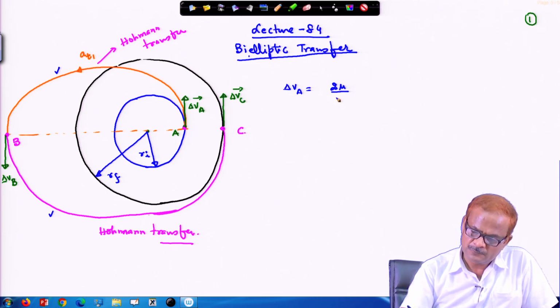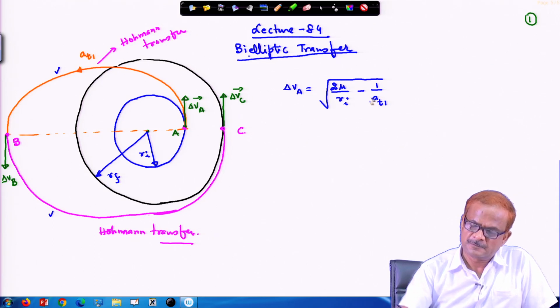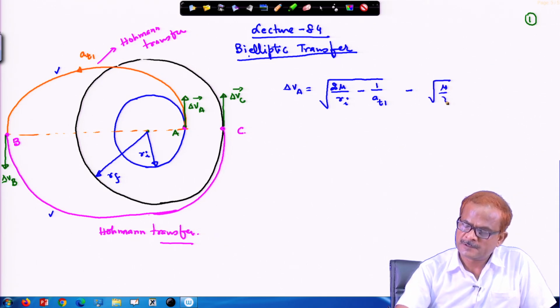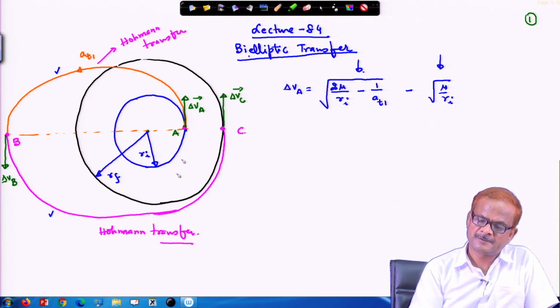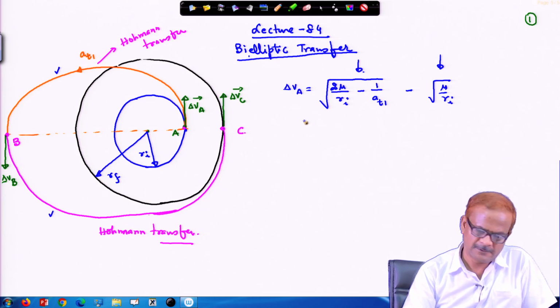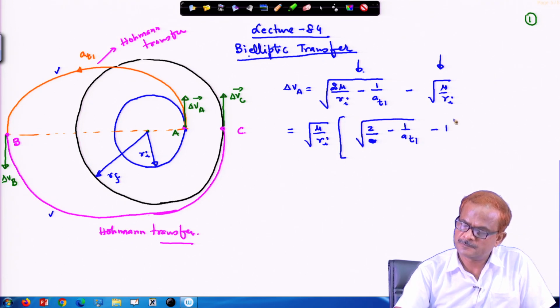So, 2 by mu r I minus 1 by A T 1, minus mu by r I. This is the velocity in the circular orbit, this is the velocity in the elliptical orbit at A. So, this is the impulse required, and from here mu by r I we take as common. So, this gets reduced to 2 minus 1 by A T 1, under root, minus 1.